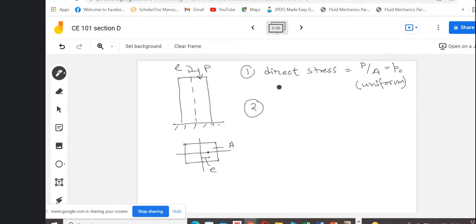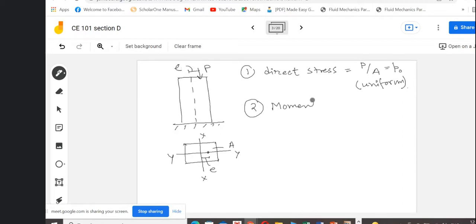But along with that, this P, as it is acting at a distance E, and say these axes are XX and YY, this P will generate a moment about this XX axis. And what is the value of the moment?